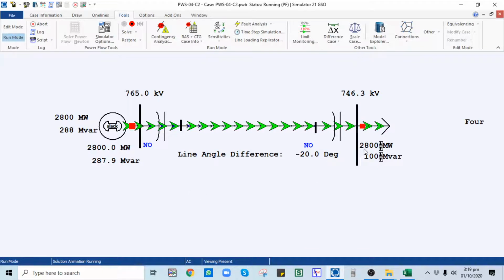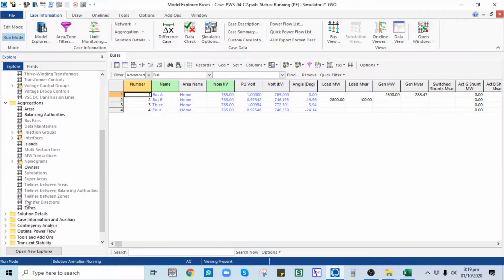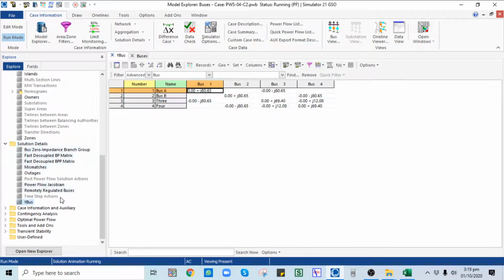So it means that if we increase this load, we can see that with the changing load, the voltage at the load end is also changing. So now what we have done is that we are adding this capacitor, and similarly you can see the admittance of your transmission line. Go to the solution details and check the Y bus.